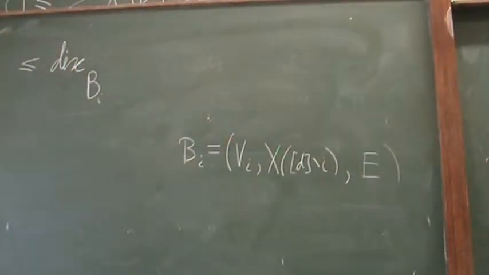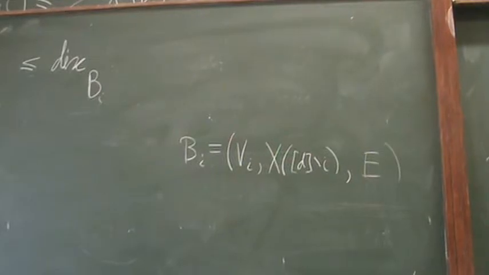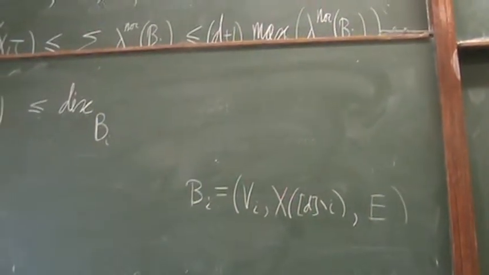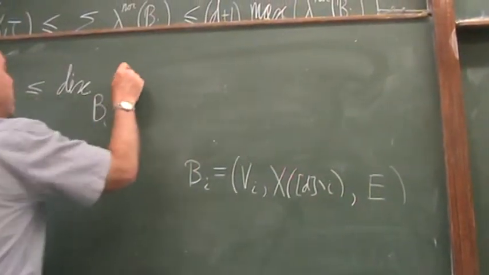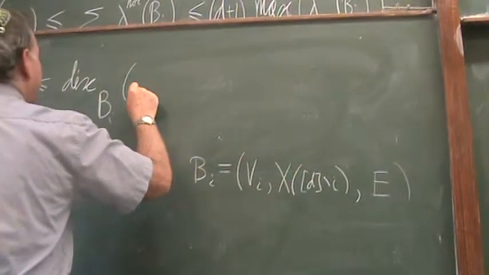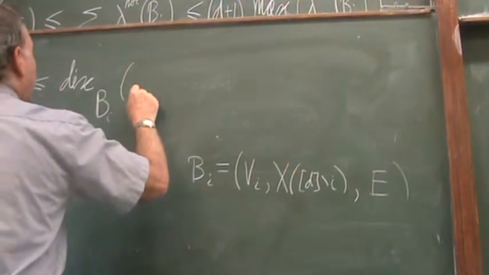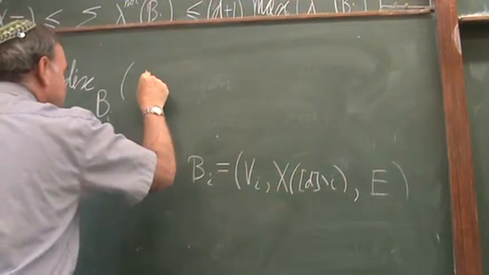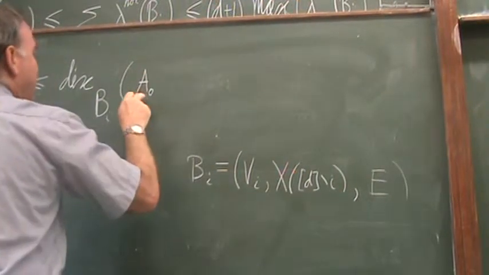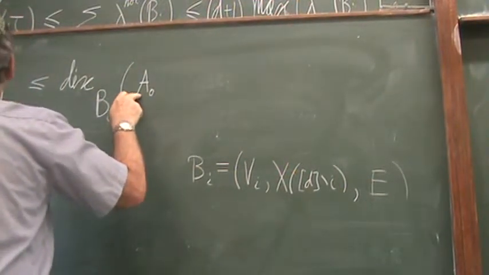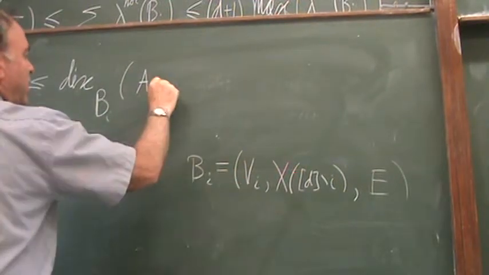You know, if together they form a chamber. So I take this discrepancy of BI of the set. So I take here 0. Now A0 is a subset of BI, so that's fine.